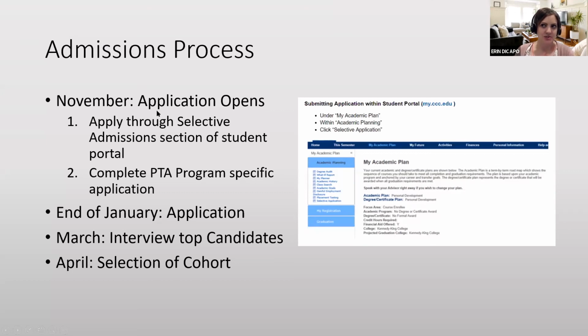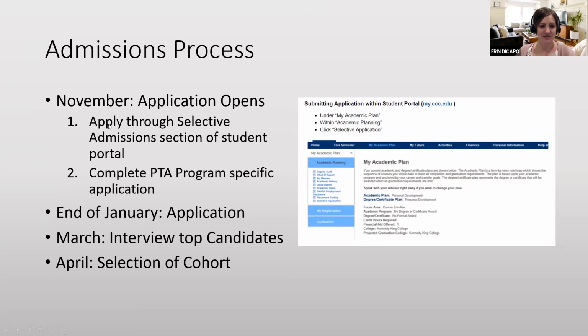So if you're looking to apply to the program that will start in the summer of 2022, make yourself a note in your calendar or some little reminder that that November timeframe is what you're looking at next year to get rolling on the application process.